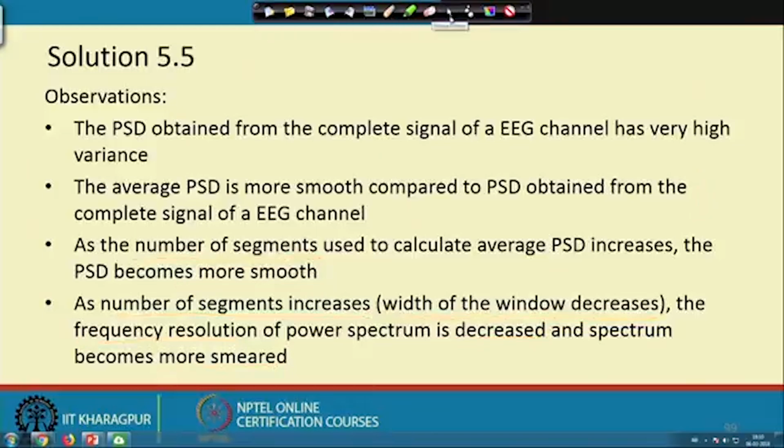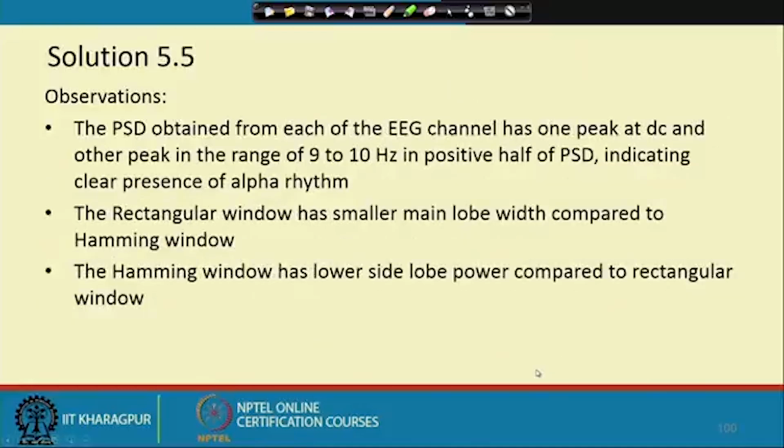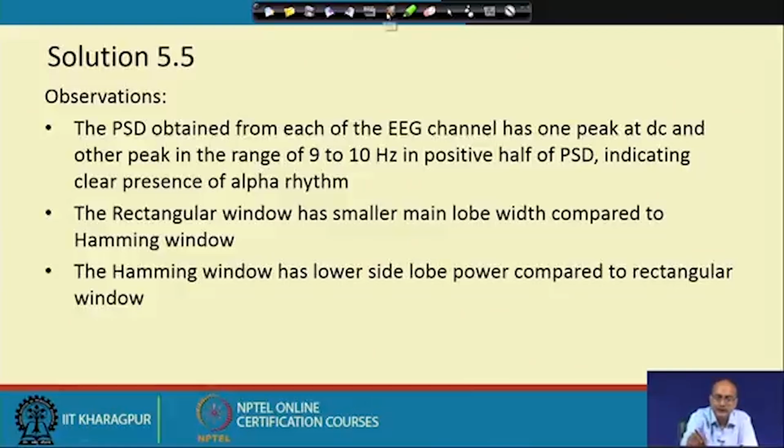Now, let us look at a few more observations. When we look at the PSD in each of these cases, we see that apart from the peak at the DC, we have peaks between 9 to 10 hertz. That clearly indicates the presence of alpha rhythm.